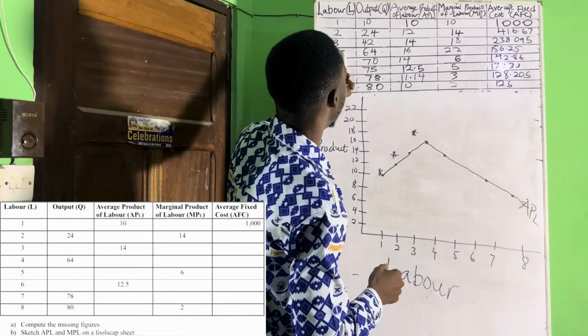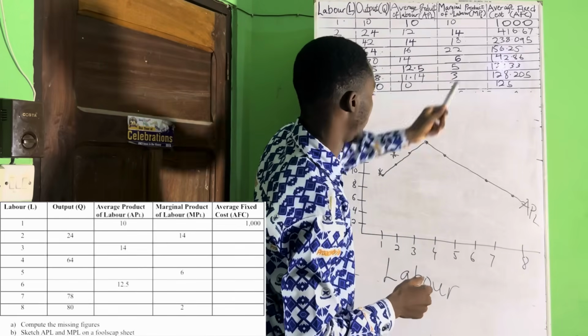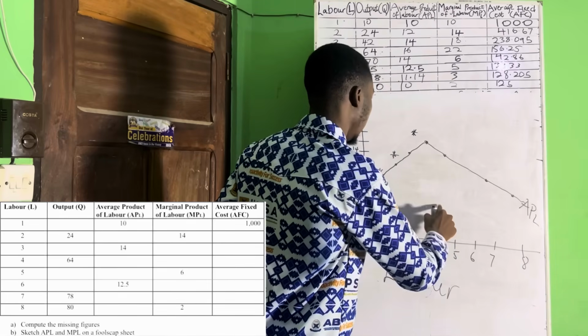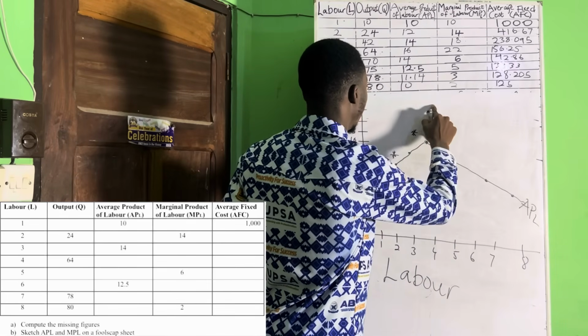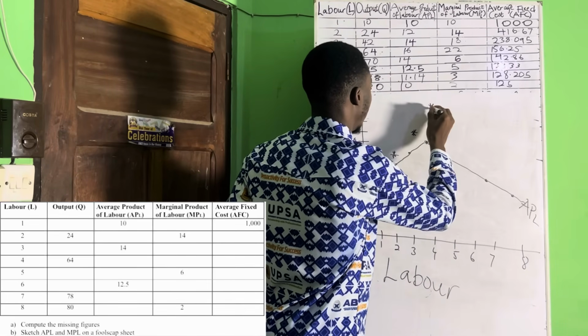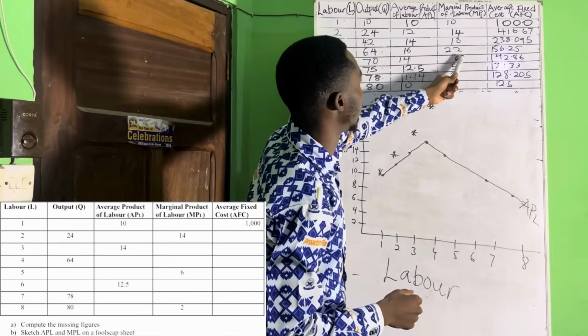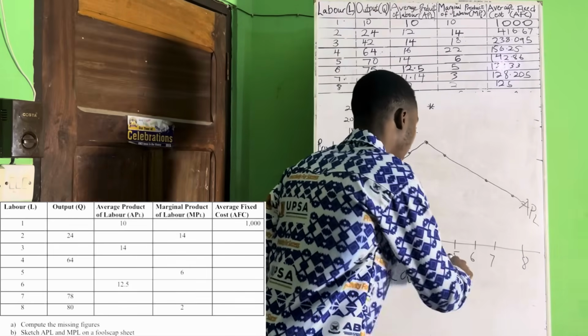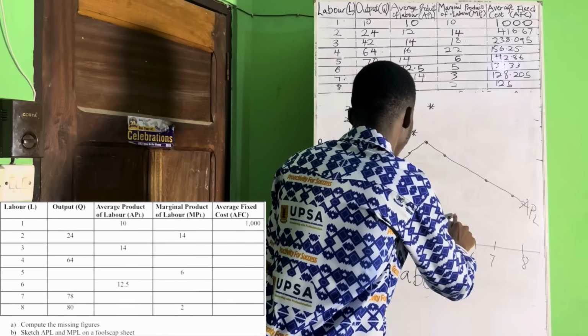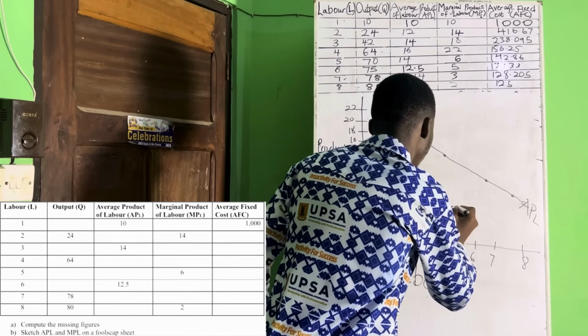Then labor 4, marginal product of labor is 22, which is somewhere here. Then labor 5, marginal product of labor is 6. So that's below. So labor 5, marginal product of labor 6, that's somewhere here.